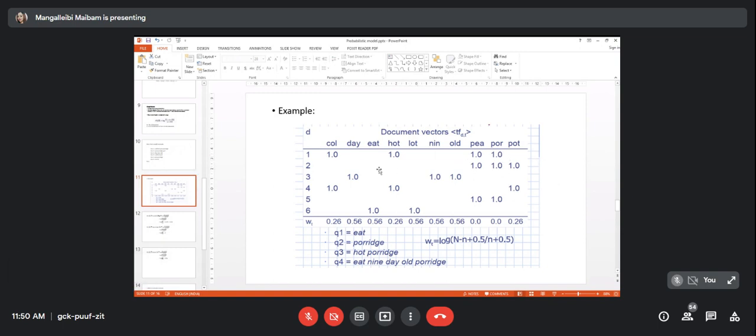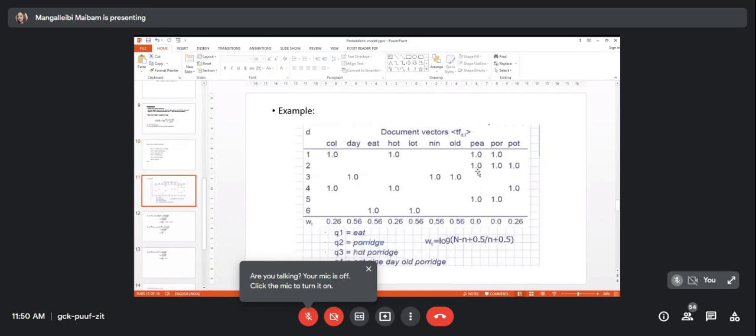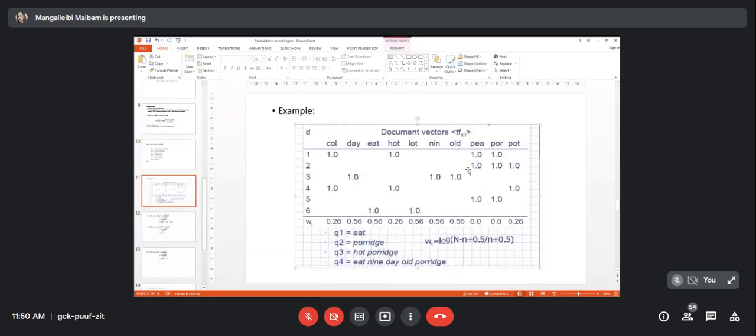Similarly for D2, it is pease, porridge, pot. Only for these three terms I'll write 1, others 0. Like this, I have constructed the matrix as vectors. Since we have come to probabilistic retrieval theory, we are using vectors.